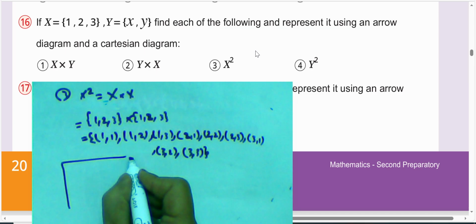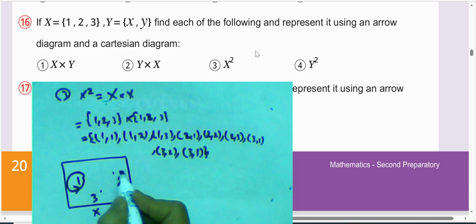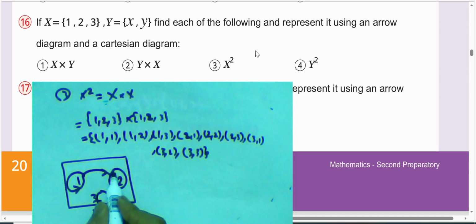We can draw x by x, 1, 2, 3. 1 with 1, 2 with 2, 3 with 3, 1 with 2, 2 with 1, 2 with 3, and 3 with 1, also 3 with 2, and 1 to 3, like this.